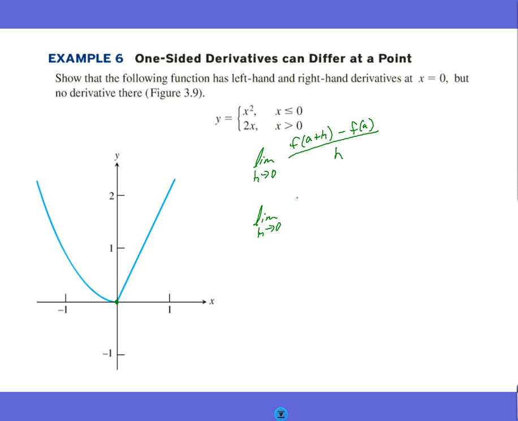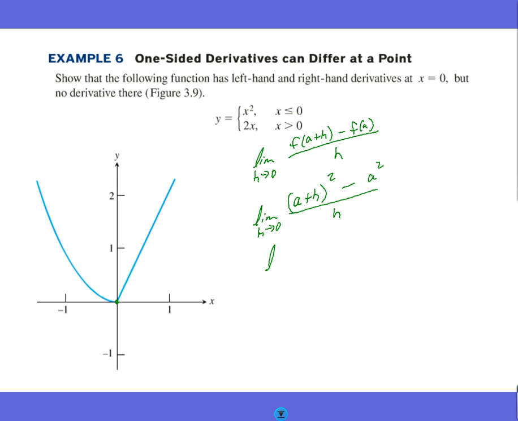For the one coming from the left, it's the x squared piece, so it's the limit of a plus h squared minus a squared all over h. Then I replace a with 0.